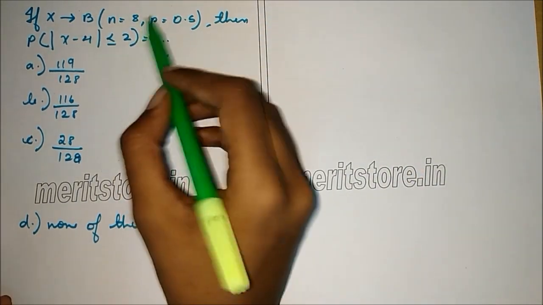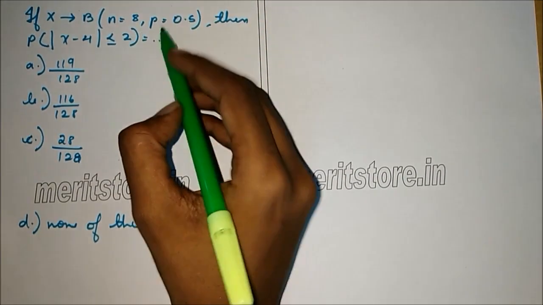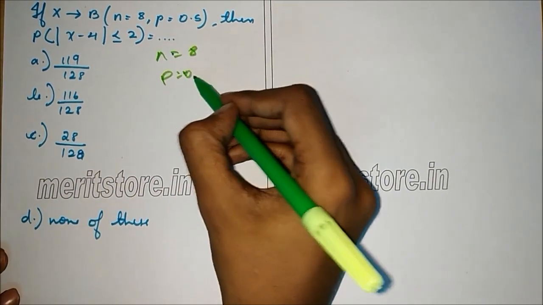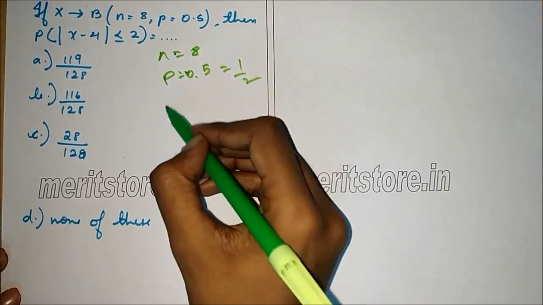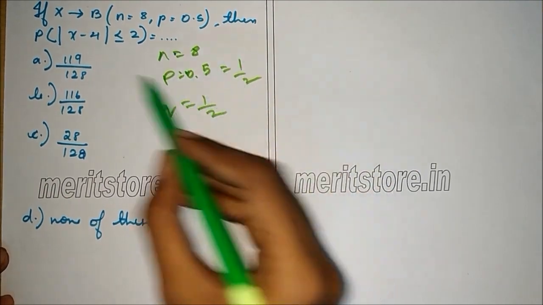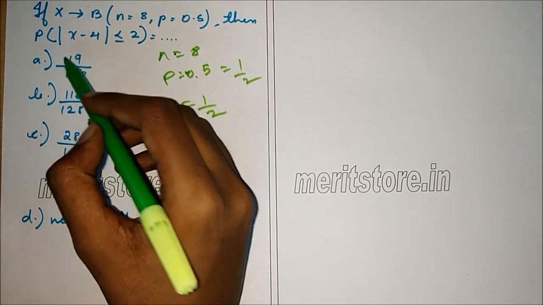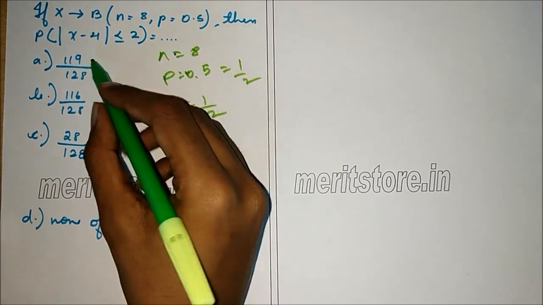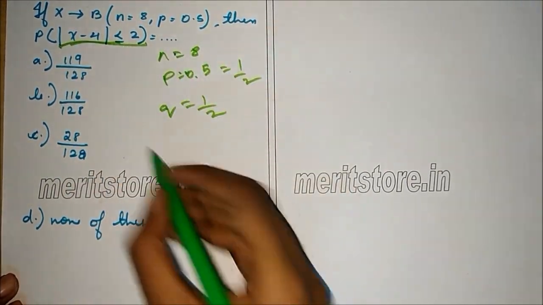It is given that x follows a binomial distribution where n is 8, p is 0.5, that is half. Naturally q will also be half. We have to find the probability that mod of x minus 4 is less than or equal to 2. So first we have to simplify this expression.